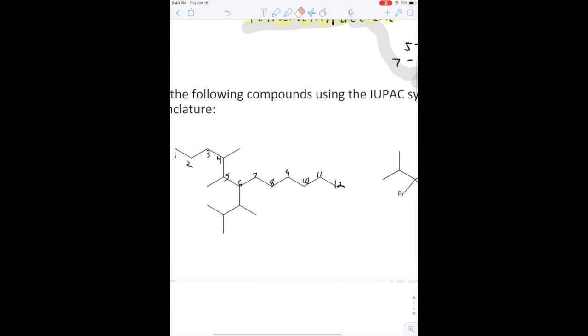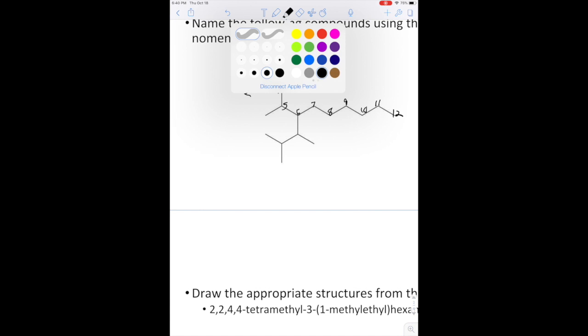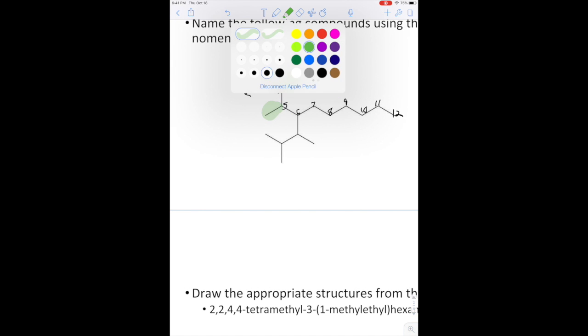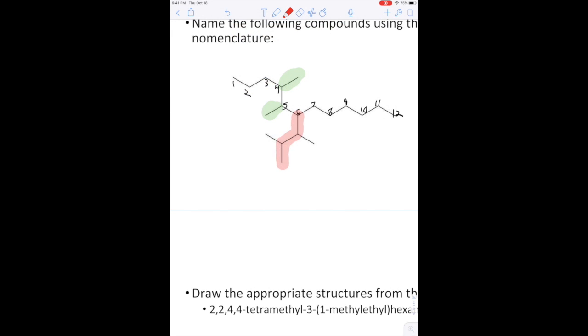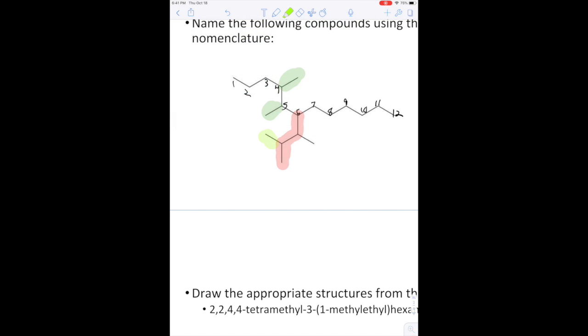So just let me move something on my screen here. I got it. Automatically, I've seen my substituents right here. I see a methyl, I see a methyl, and then I see a complex substituent. I see a propyl. Right, this is a propyl with a methyl with a methyl.